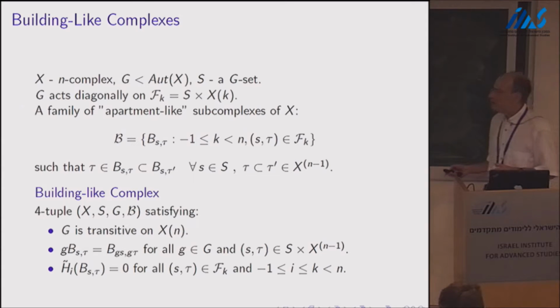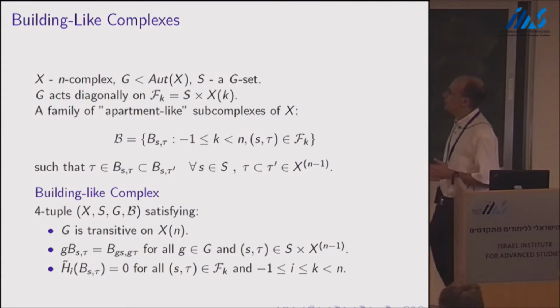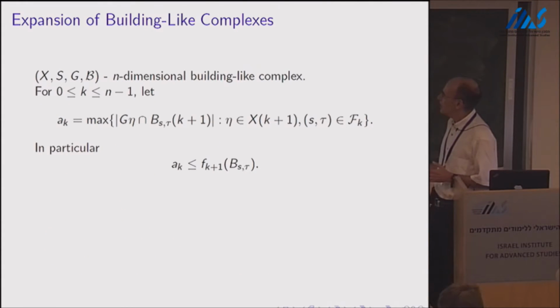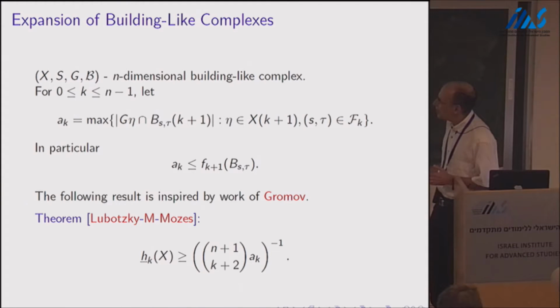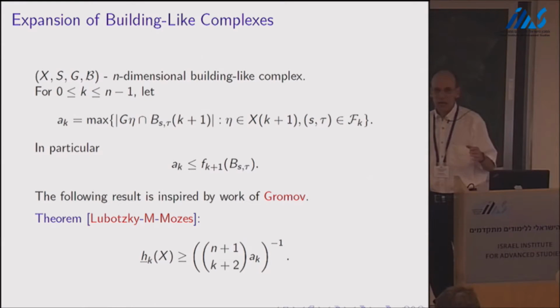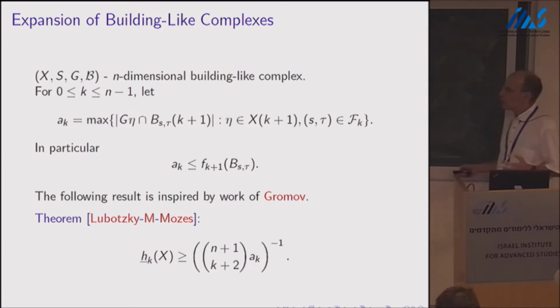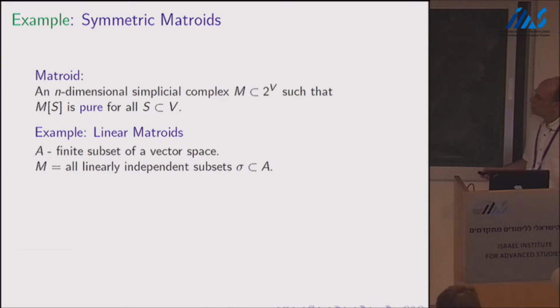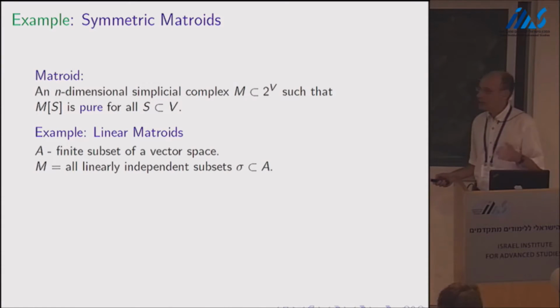And the bottom line is, if we have enough symmetry in such complexes, then we get some lower bound on the expansion of X. And rather than decipher what's written here, I'll give you just two examples for very common complexes. One complex is matroids. So what is a matroid?